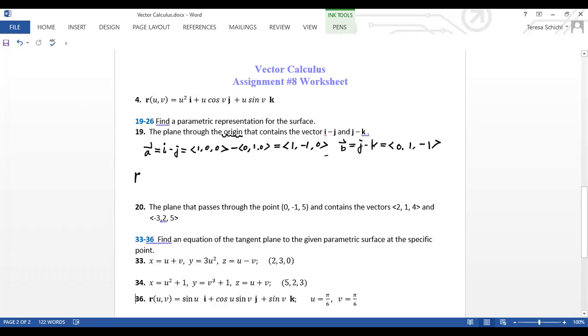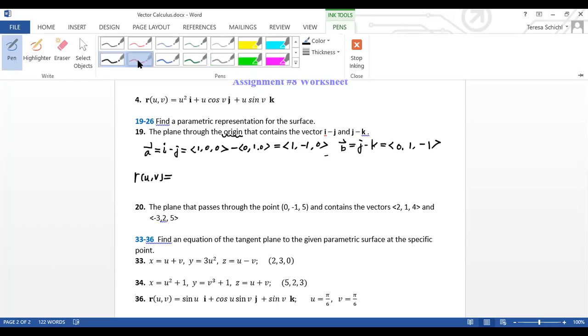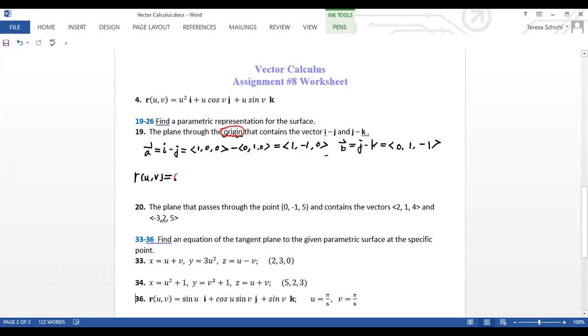So I can say my r(u, v), because it goes through the origin, will be 0, 0, 0, plus the vector a, which is 1, negative 1, 0, times the value of u, plus 0, 1, negative 1 times the value of v.